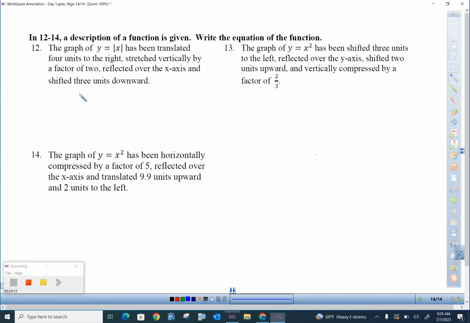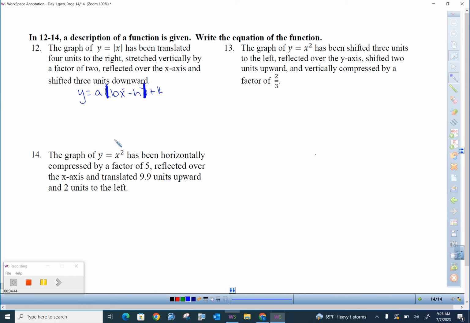So what I'm going to have you do first here is just write down your generic function for me. And then we'll talk about what's going to change as we go through here. They gave us some things that happen to a parent function. So we're going to change our parentheses to whatever our parent function is. In this case, it's absolute value, so we just change those to bars.